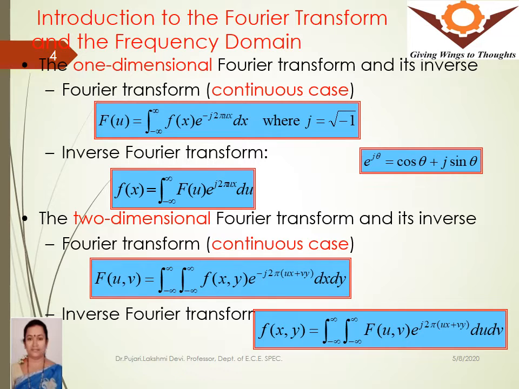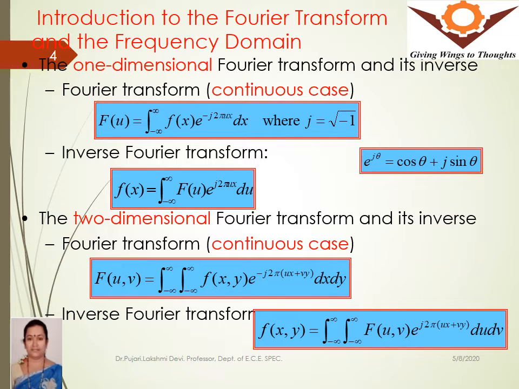For the continuous case, first, F of u v, the Fourier transform of a given two-dimensional function f of x y, equals the double integral from minus infinity to infinity in both cases of f of x y exponential to the power of minus j 2 pi (ux plus vy) dx dy.